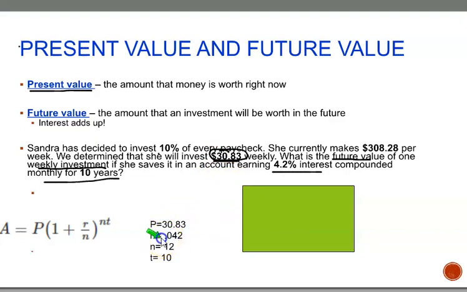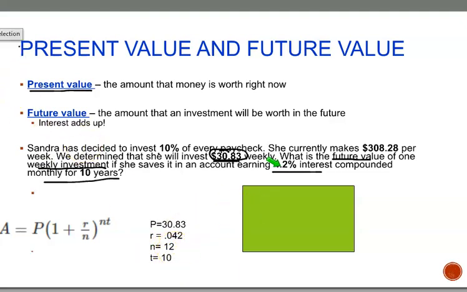What is the rate? It's the 4.2% interest. Take the percent sign off, move the decimal over 2 places to the left, 0.042. Compounded monthly. That means she's doing it once a month, for 10 years. So this is calculated 10, and the number of years is 12.